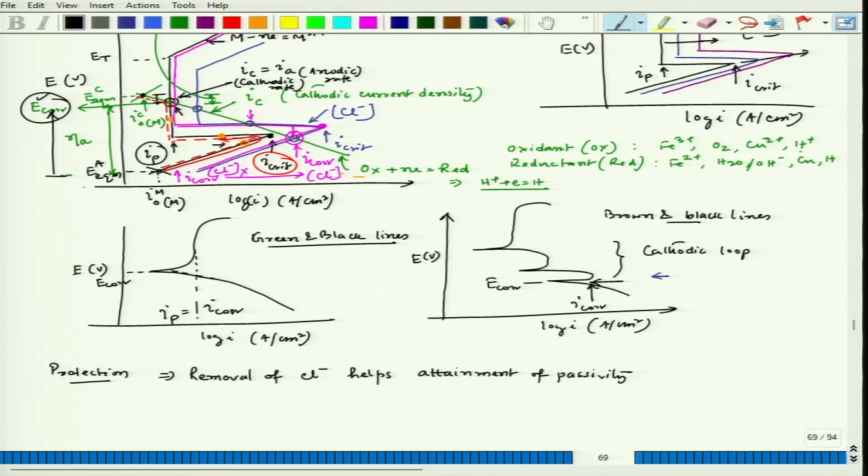So, that is what we initially said, that if we remove corrosives or the ions which help corrosion. Okay. So, this is one protection, that is why it is better to remove chloride ion. For example, in some cases you cannot remove chloride ion. Okay. For example, if you are using a system where metal is in seawater application.